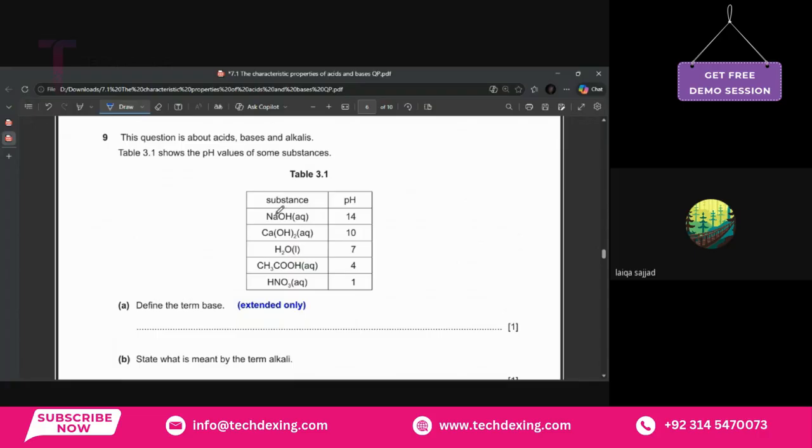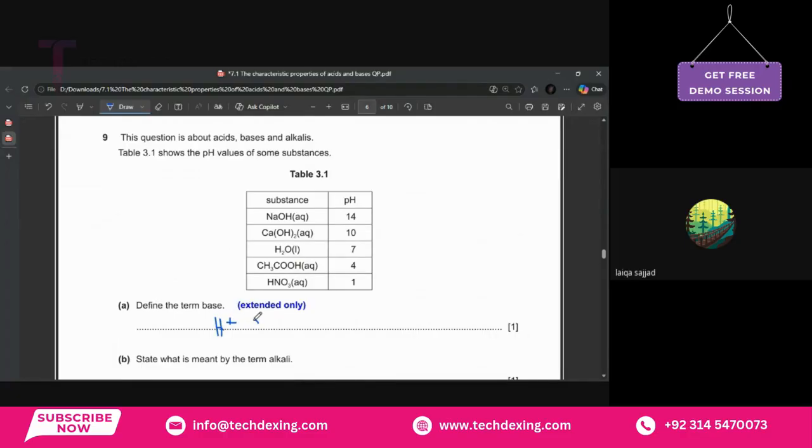A substance that can accept hydrogen ions in water. Very good. A proton acceptor, simply. You can say it's a proton acceptor.